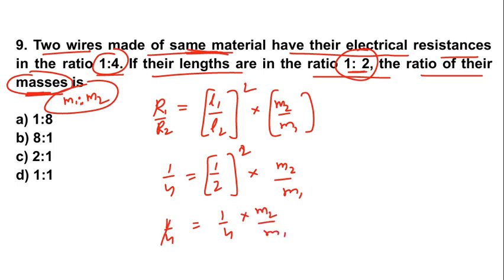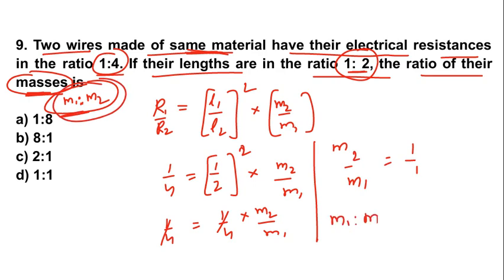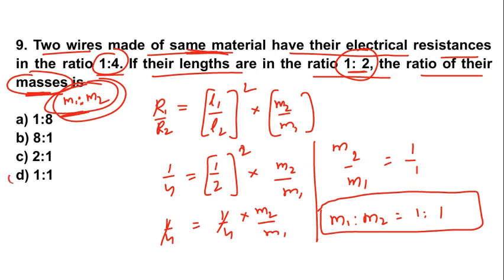This 1 by 4 will get cancelled, so M2 by M1 equals 1 by 1. What you have to calculate is M1 is to M2, so M1 is to M2 equals 1:1. So this is the correct answer.